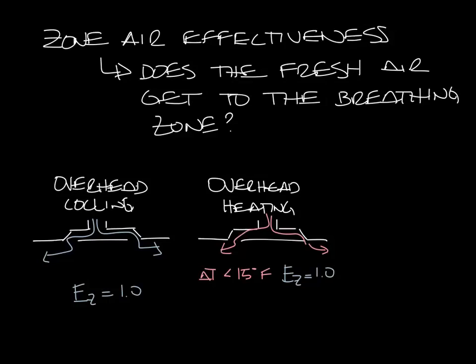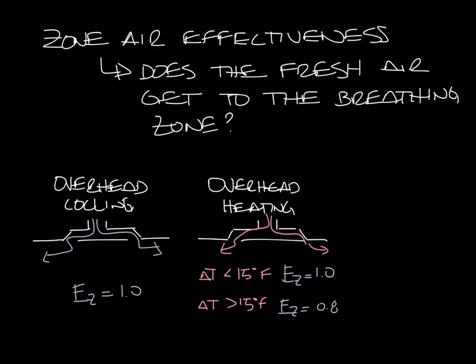Your ventilation effectiveness is the same as overhead cooling. But if your delta T is greater than 15 degrees, then your E sub Z drops to 0.8, meaning that you have to bring in more ventilation air if your supply air temperature during heating is warmer than 15 degrees over the space temperature.